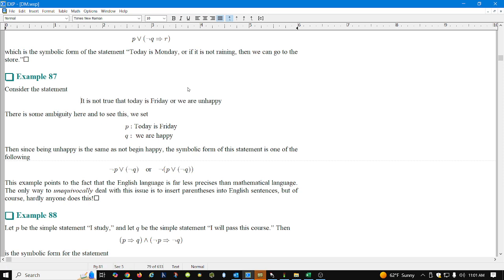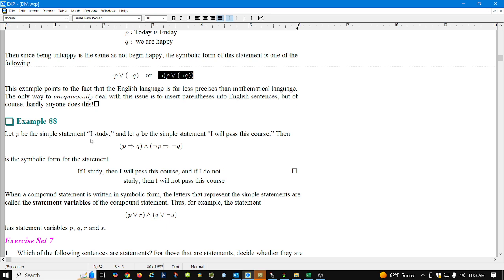So English sentences can be ambiguous. If you were to ask 10 people what the meaning of this is, I wonder if you'd get different answers, or if "it is not true that" is so forceful that people would think of it as this one. I'm not sure.